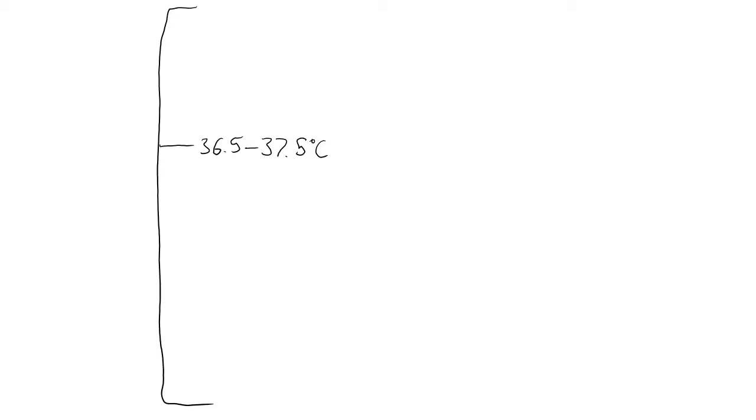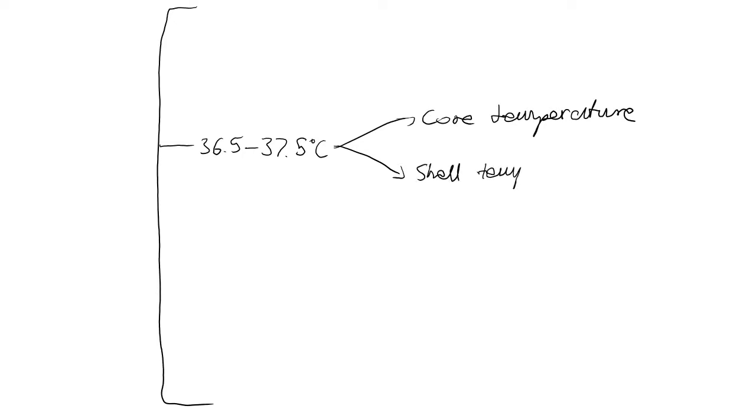Now there's two key things that control this temperature, and they come under two specific areas. One is the core temperature, and another is the shell temperature. The core temperature is something that remains the most constant throughout basically your entire day, and it's what's maintained deep within your body.